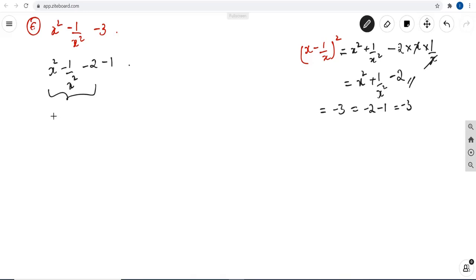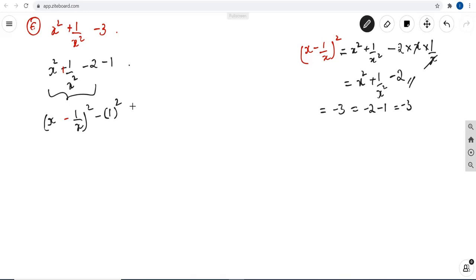So what is a here? a is x. What is b? b is 1 by x. Okay, I wrote the question wrong, so this is plus, and this is also plus. So this becomes x whole square. Minus 1, I can write it as 1 square.